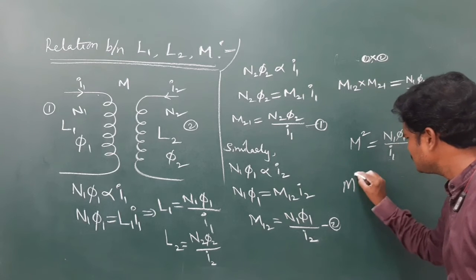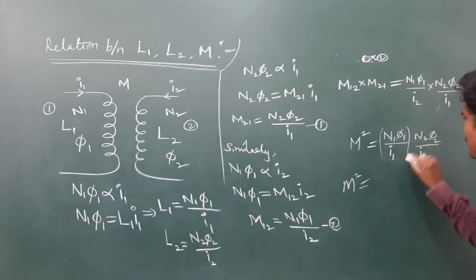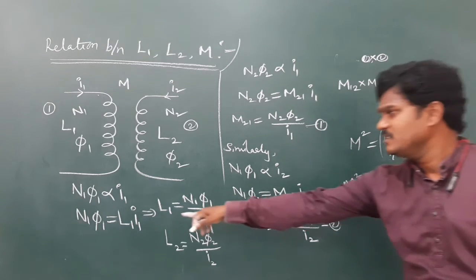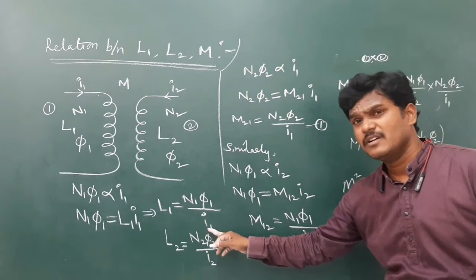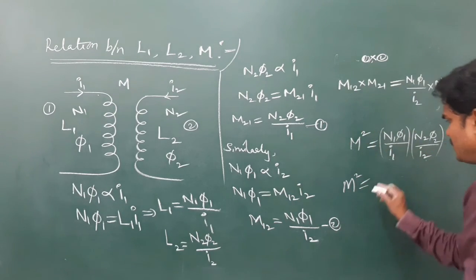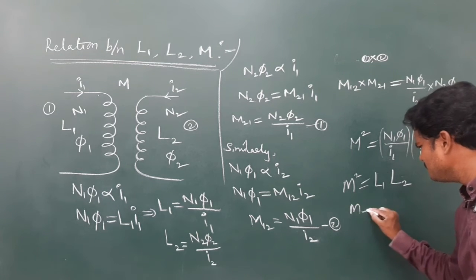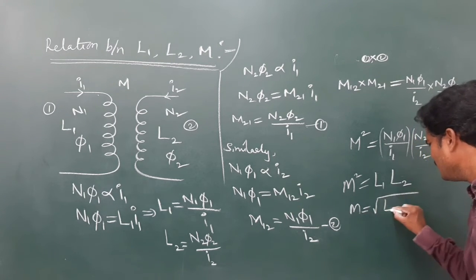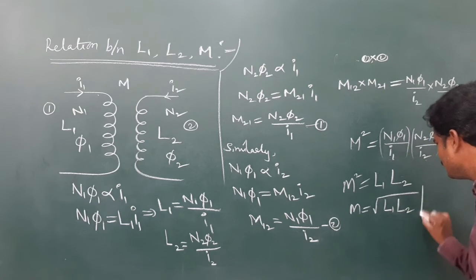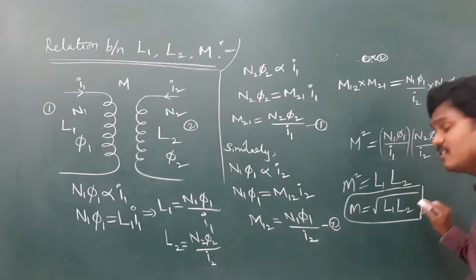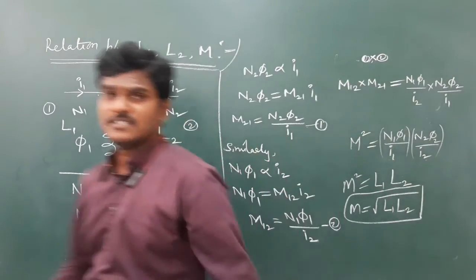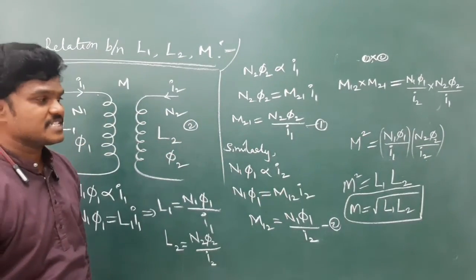So M square is equal to N1 phi 1 by I1 times N2 phi 2 by I2. We can write this as L1 and this as L2. So M is equivalent to root of L1 L2. This is the relation between mutual inductance and self-inductances.